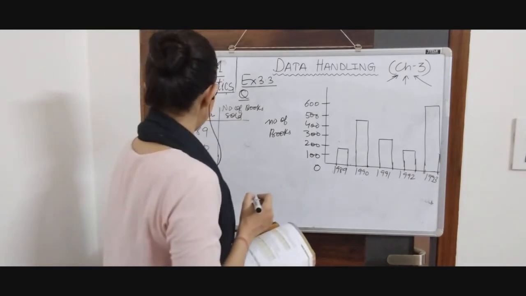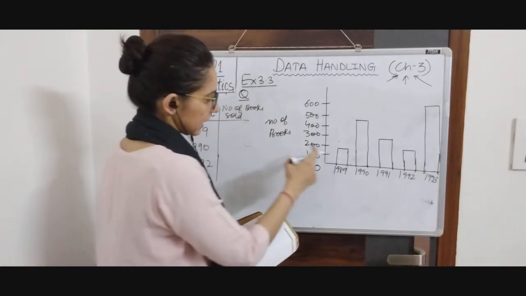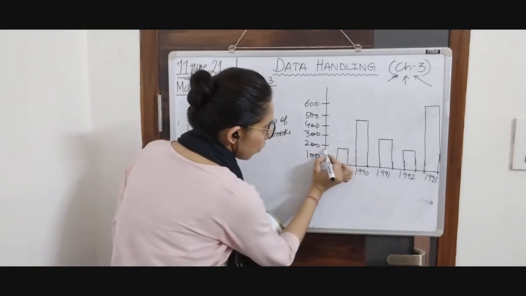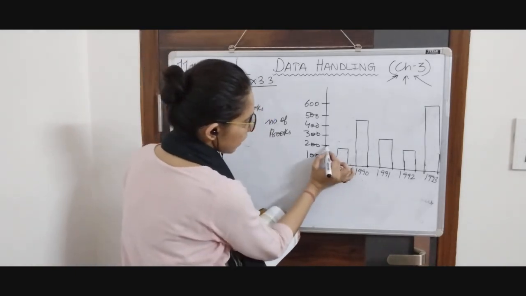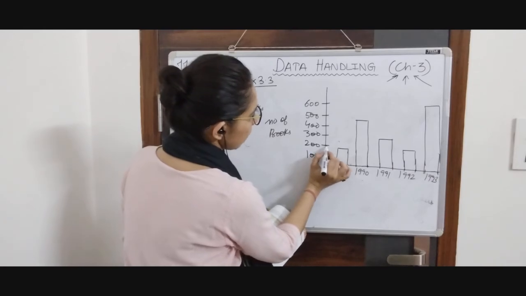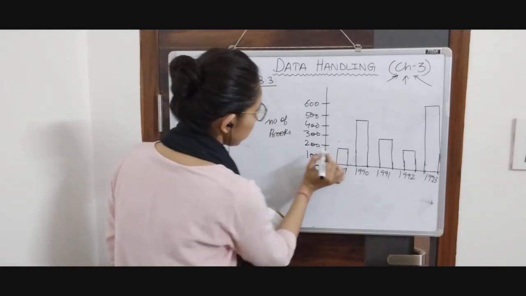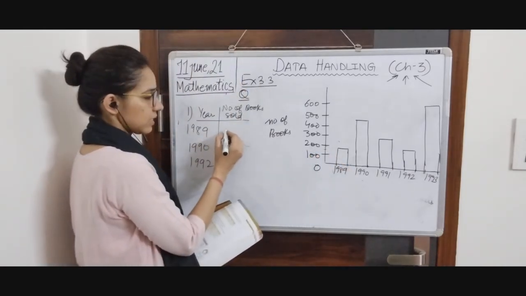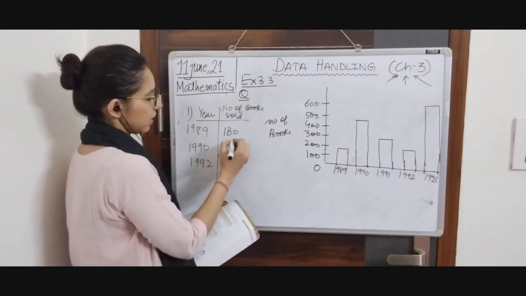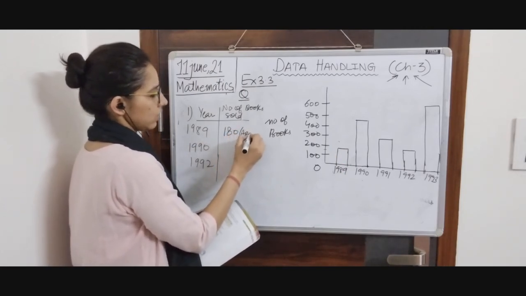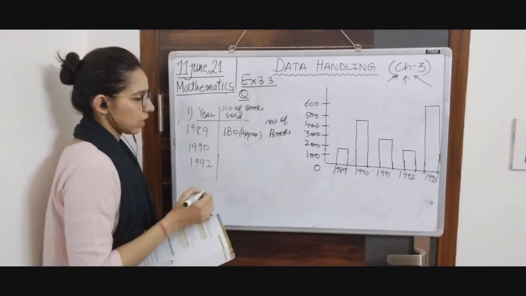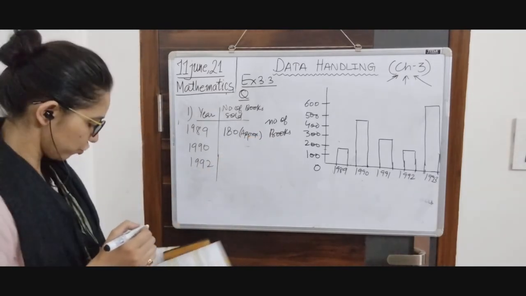From this graph I can see that it is going to be more than 150 but less than 190. So approximately I can say that it is going to be 180. I will use 180 approximately because I am not sure.